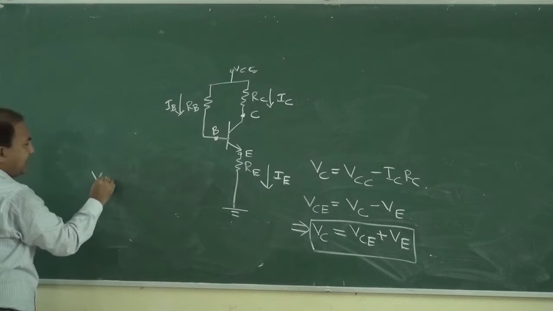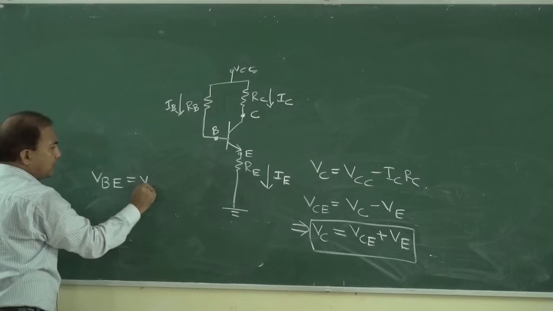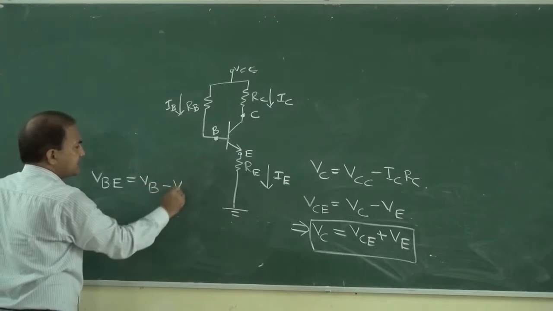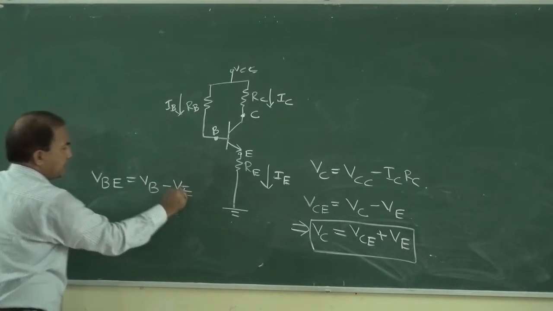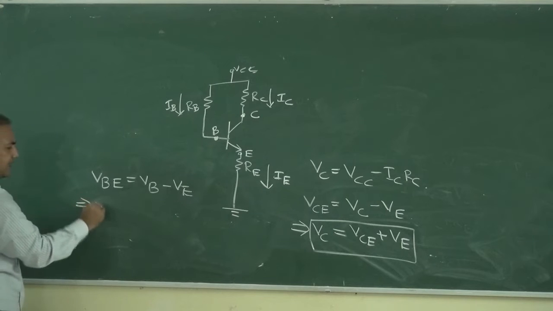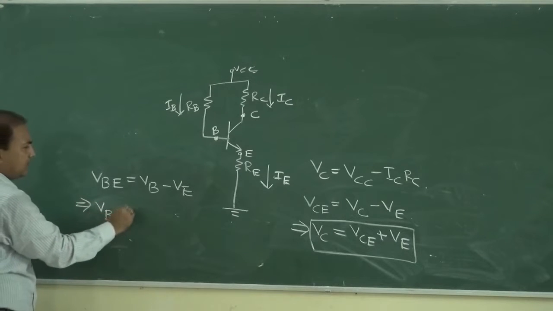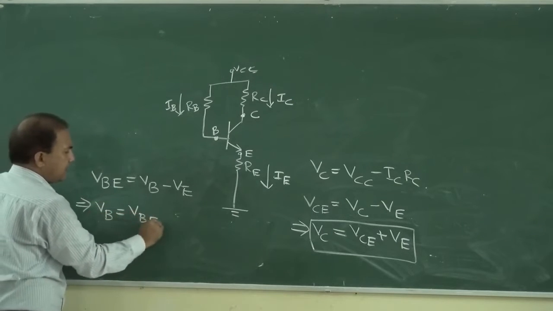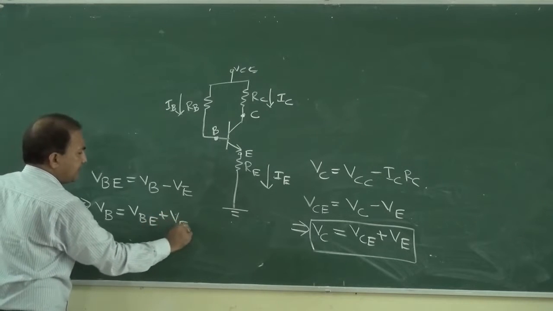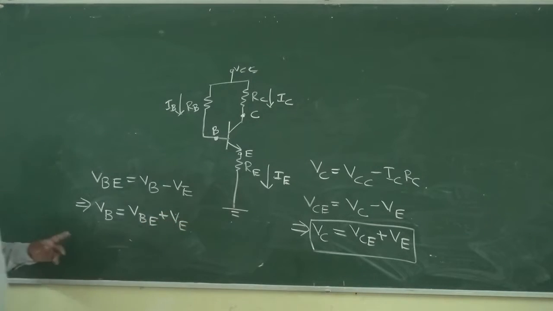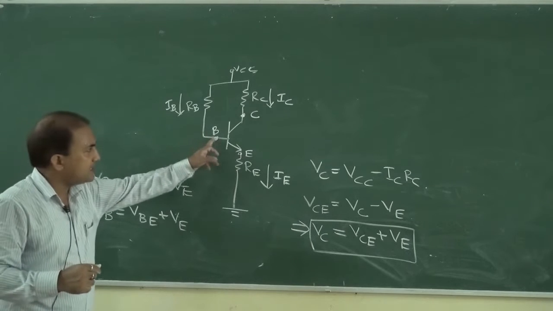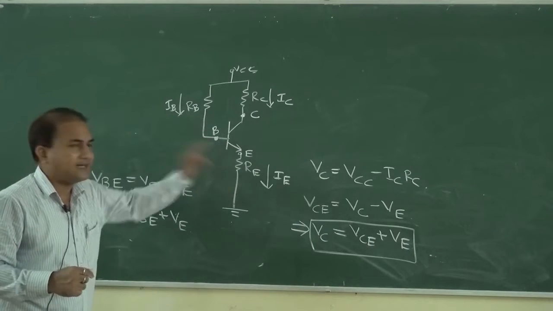So we can write VBE is equal to VB minus VE. From this equation we can determine VB, it is equal to VBE plus VE. Now suppose the base emitter is in forward bias condition.